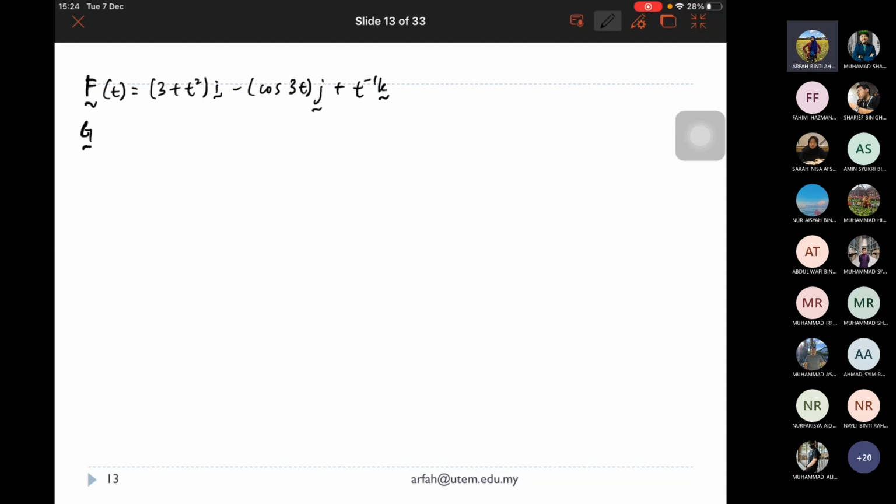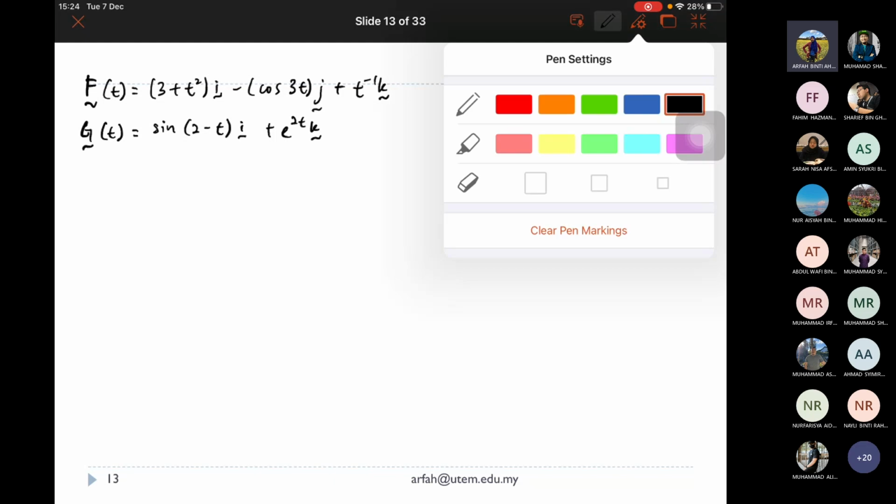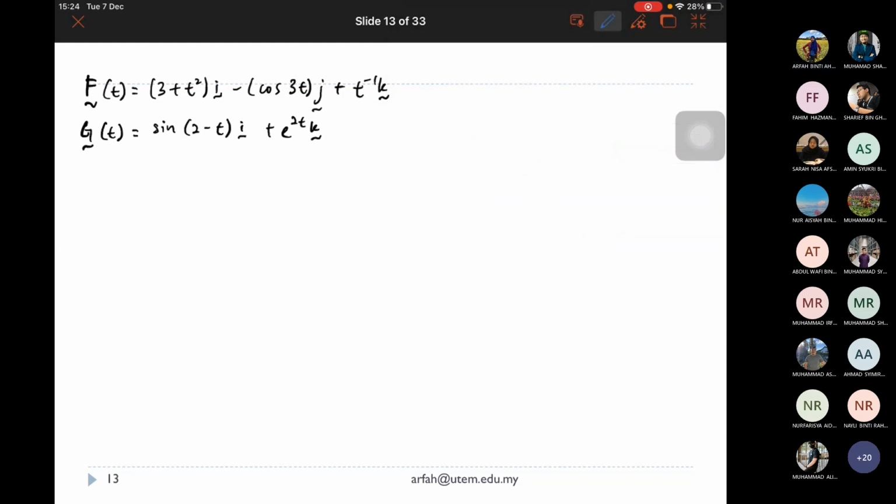Okay. And then g(t) sama dengan sin of 2 tolak t i tambah exponential 2t k. Okay. So soalan A dapatkan 3f tolak 2g.